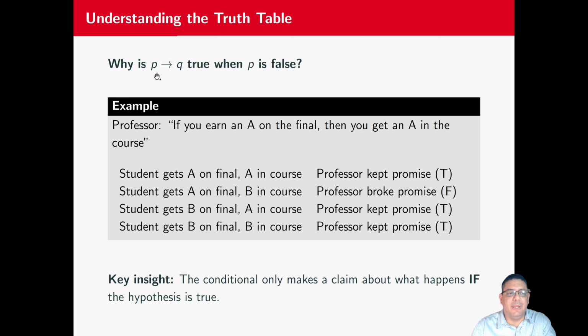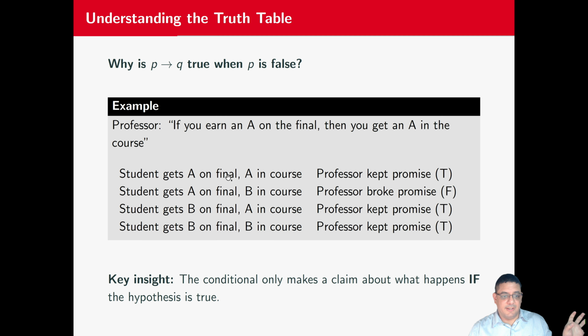Now, why is P implies Q true when P is false? Well, let's make an example here. Your professor says, if you earn an A on the final, then you get an A in the course. So let's say the student gets an A on the final and gets an A in the course, and the professor kept the promise. The implication is true.